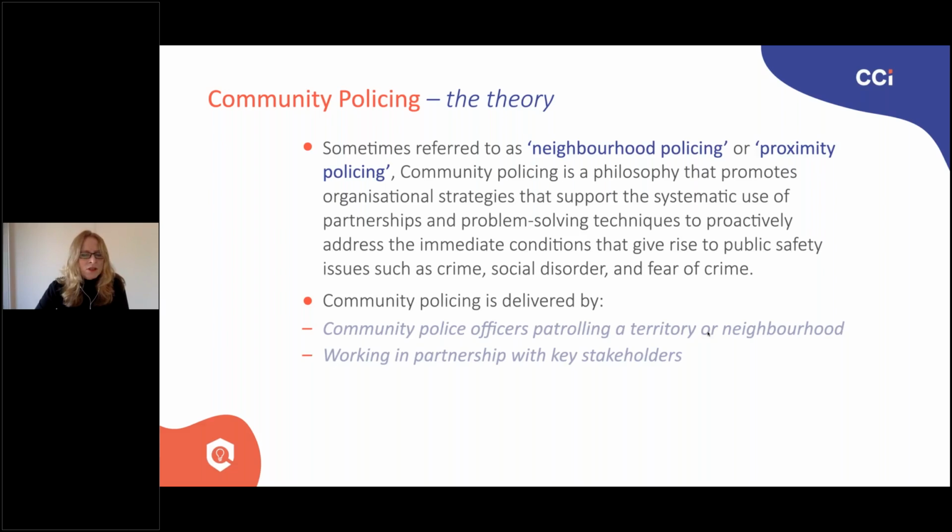And it's to address issues such as crime, social disorder, and fear of crime. In other contexts, it quite often comes by the name of, for instance, neighbourhood policing or proximity policing. Community policing is delivered by community police officers patrolling a territory or neighbourhood, and importantly, they work in partnership with key stakeholders.